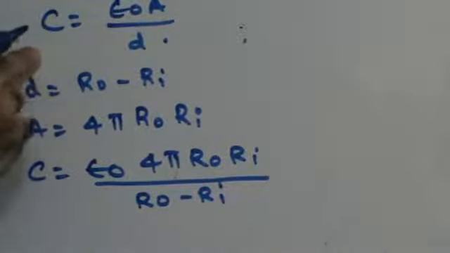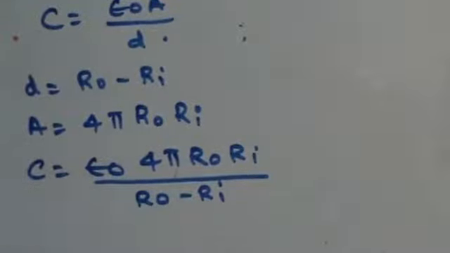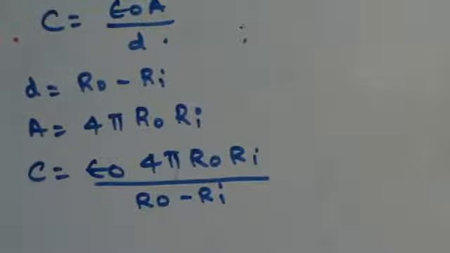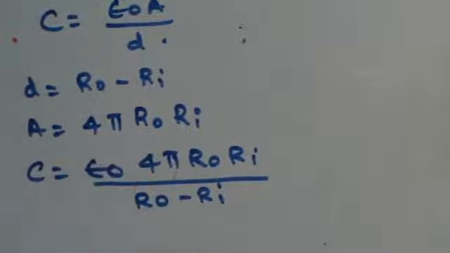This was just the general formula I've written for a parallel plate capacitance when the radii of the two plates are the same. But here the radii of the two plates are not the same. So in that case, this is going to be epsilon 0 4 pi R. How do you get 4 pi R0? It's spherical, so 4 pi, and that's how I will get this value, 4 pi R0 into Ri.